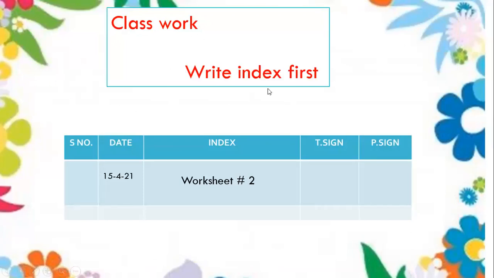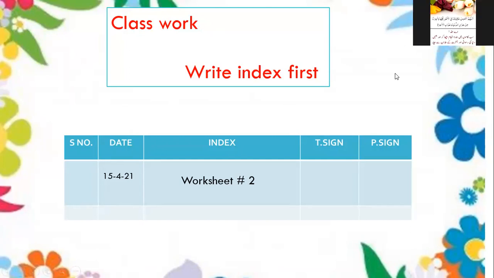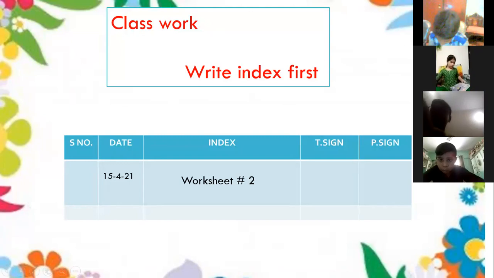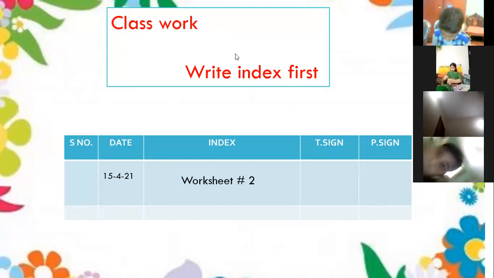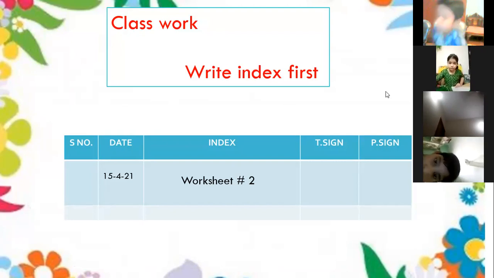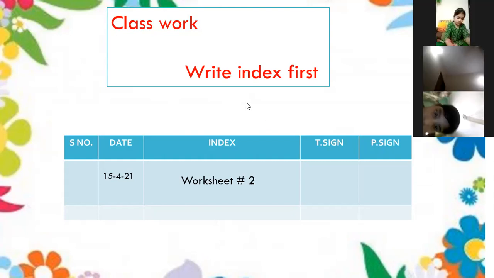Now, beta, come to the copy one. Everybody take out your copies. So we can start our new worksheet. Take out your copy and write index first.